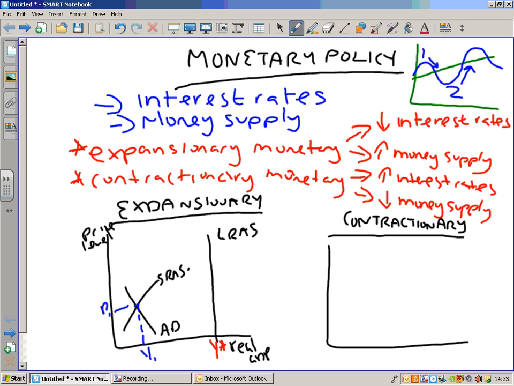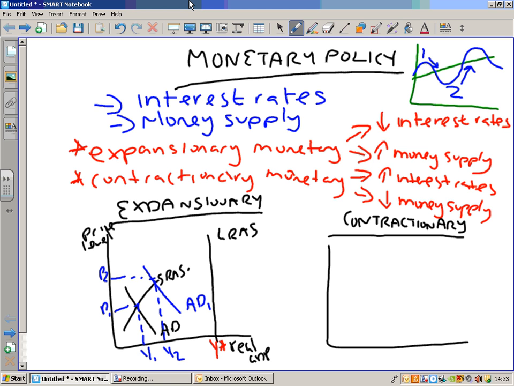The economy needs a quick pick-up. We can see that if we can increase AD to AD1, we can straight away increase output and address the problems of very low inflation in the economy. This can be done through expansionary monetary policy.